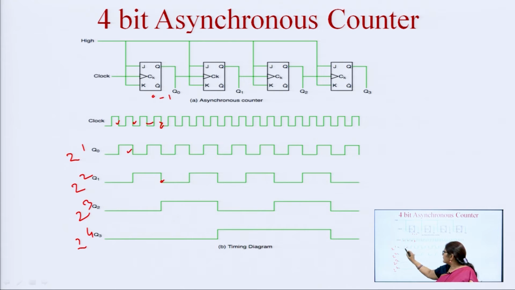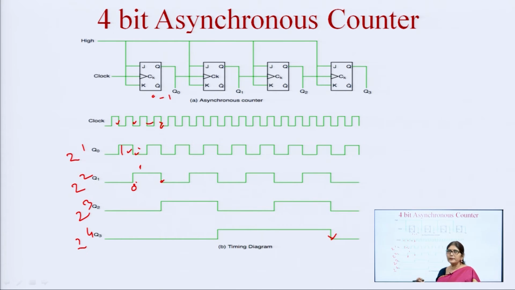When the next clock appears, it will go from 1 to 0, and when it goes from 1 to 0, the next will go from 0 to 1. In this way this timing signal is generated, and after the 16th pulse it will change from 0 to 1.